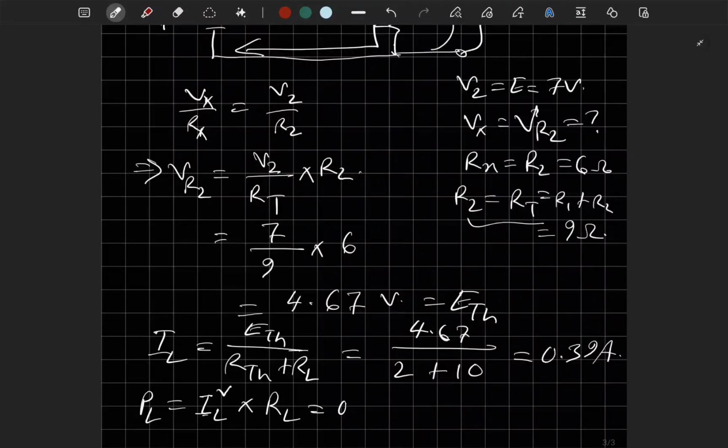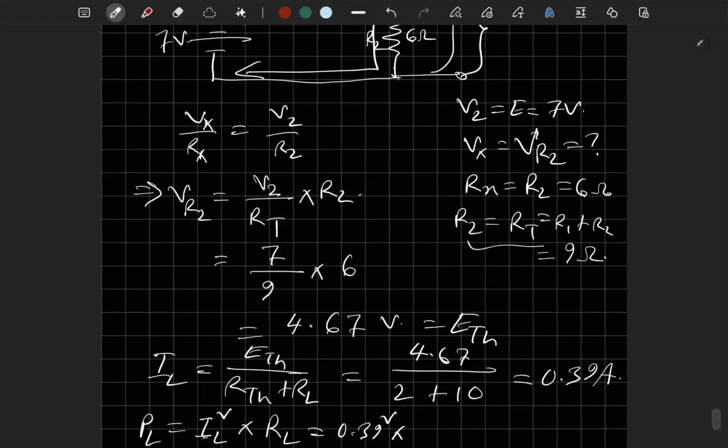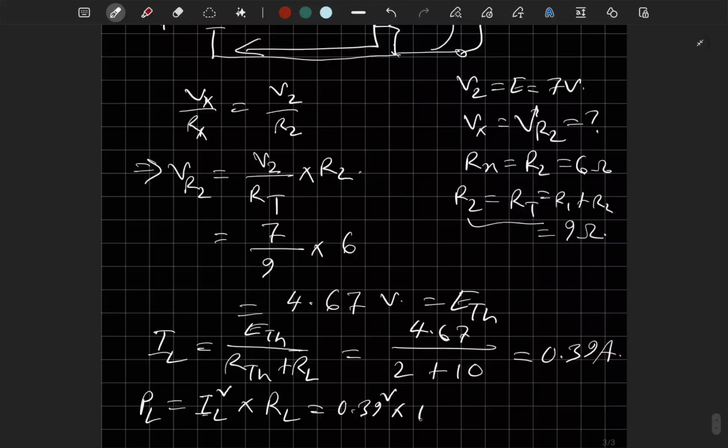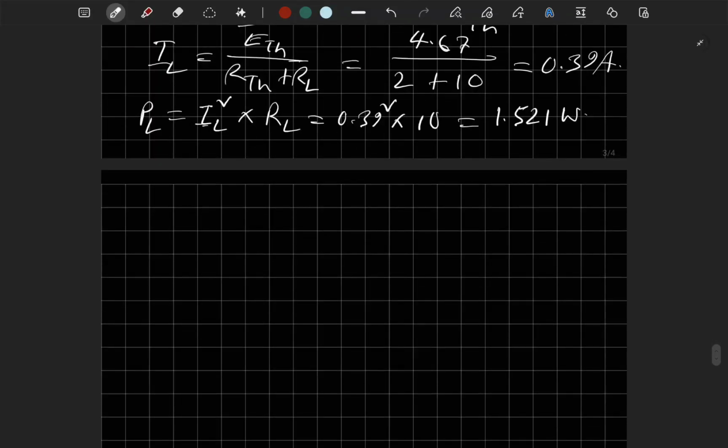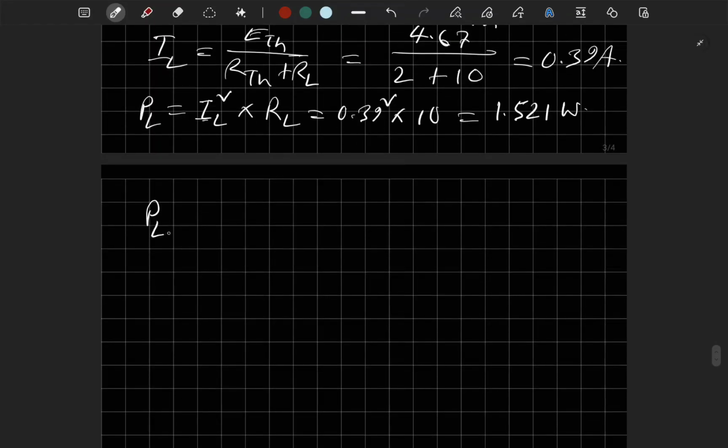IL squared is 0.39 squared multiplied by RL, whereas our RL is 10 ohm as given, equals 0.39 squared multiplied by 10, that's 1.521 watts. Okay, now this is the PL, so you can write PL 10 because that's for 10 ohms. When RL is 10 ohms, you have power at 1.521 watts.